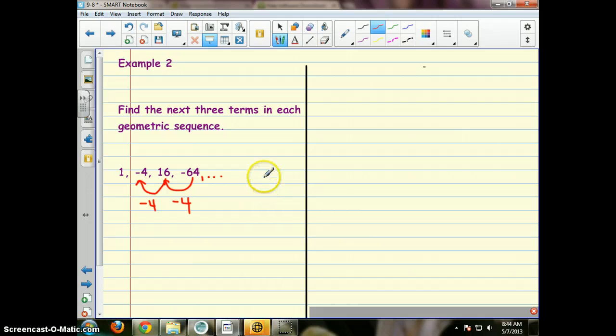So to continue it, I'm just going to do the opposite of dividing by -4, which is to multiply by -4. So if I multiply it by -4, my next number has to be positive. It ends up being 256. If I multiply by -4, my number after that would have to be -1024.